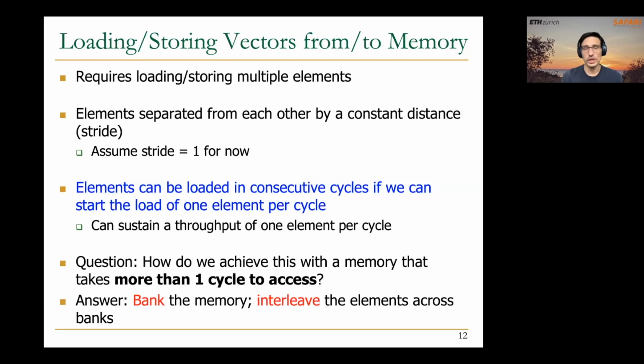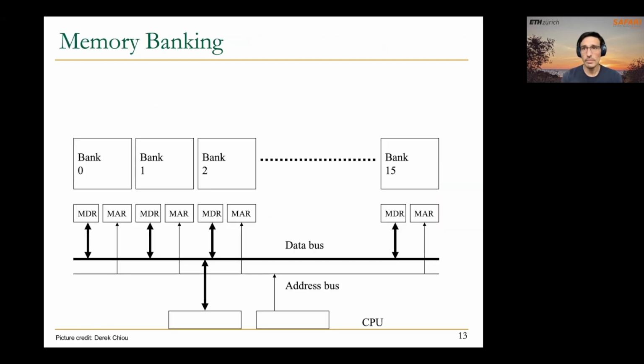The way of doing this is creating not a monolithic memory, but a banked or interleaved memory. In a banked memory, what we normally have is the memory divided into different parts called banks. And all these different parts can be accessed simultaneously.